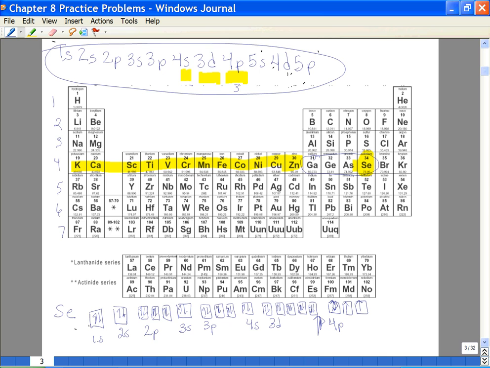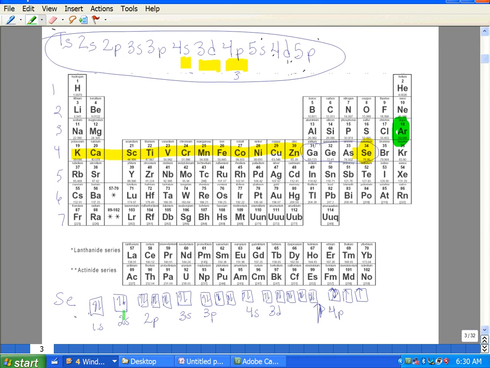Remember, we can take the shorthand notation for selenium or for any element. We look at the noble gas that is in the period right before it. And in this case, it's argon. Argon has 18 electrons. So 2, 4, 6, 8, 10, 12, 14, 16, 18. The argon is in period 3 and it has its p orbitals completely filled.